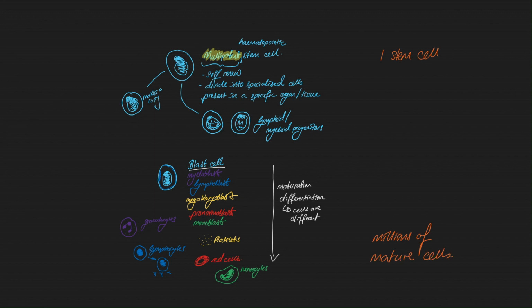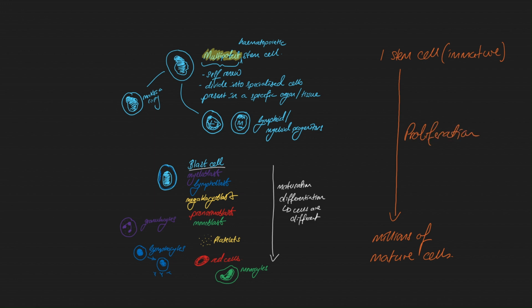The stem cell is immature and it becomes the mature cells through what is known as proliferation. The cell proliferates. So that's another term for you to remember.